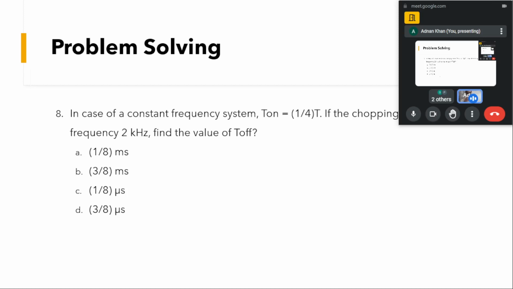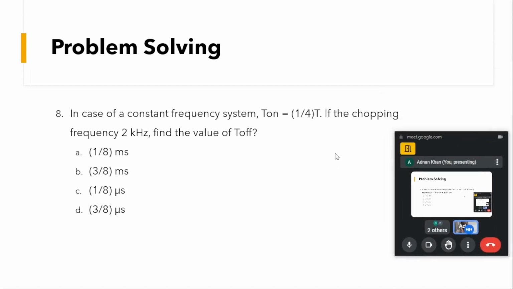No one with the answer? No one? Oh, someone has solved it as D. At least someone has tried. So let us see if this answer is correct or not.